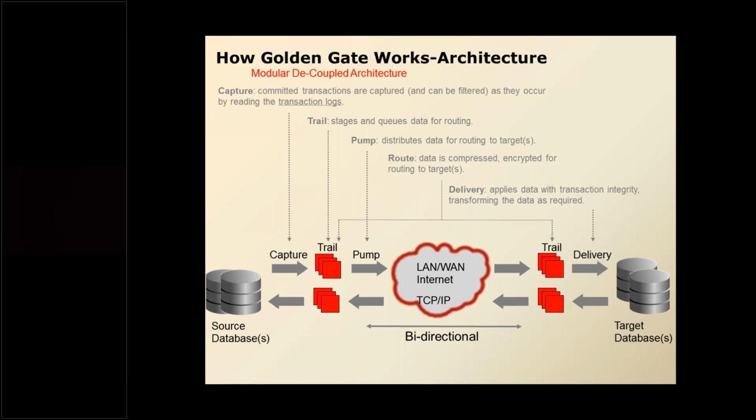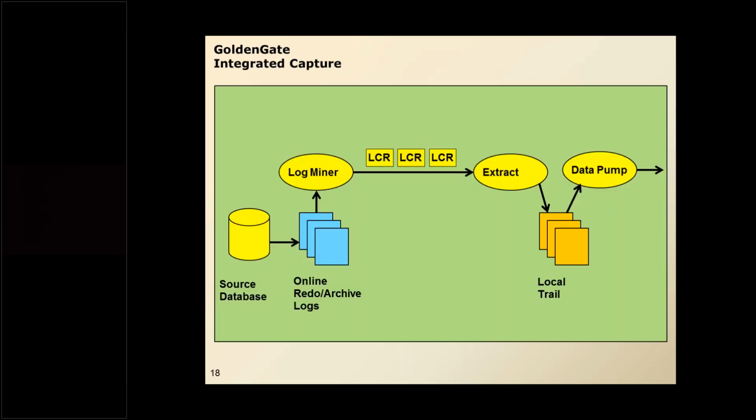Being an external tool to the database, it has impact on the database, and performance wise also it was a bit low. We'll discuss why. From 11.2.0.4 onwards, Goldengate introduced the support for integrated extract.